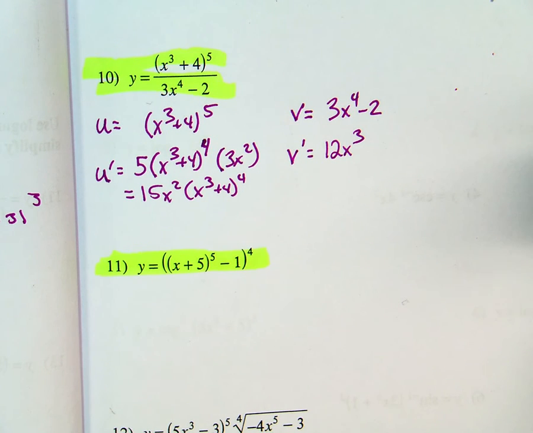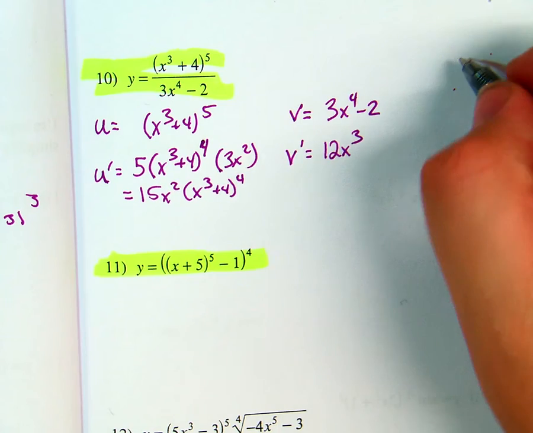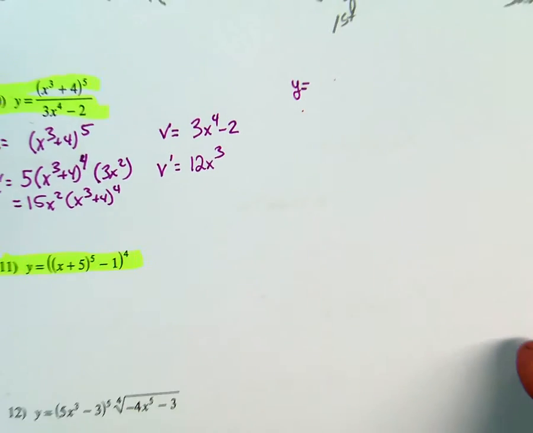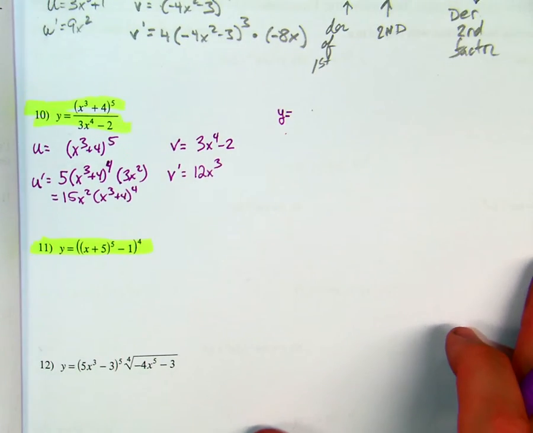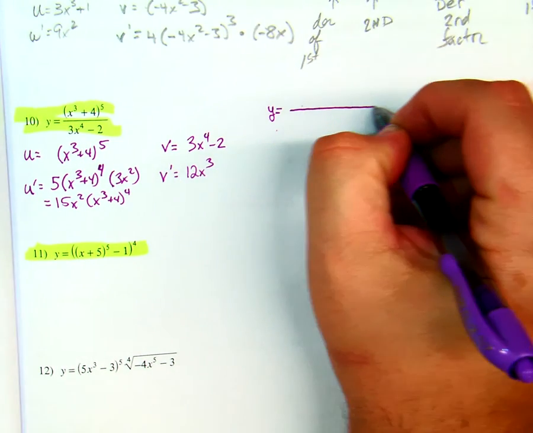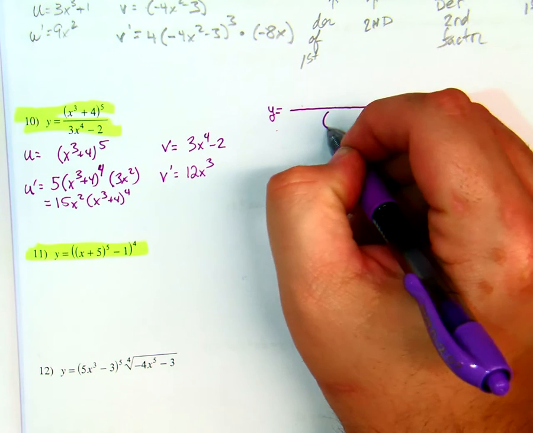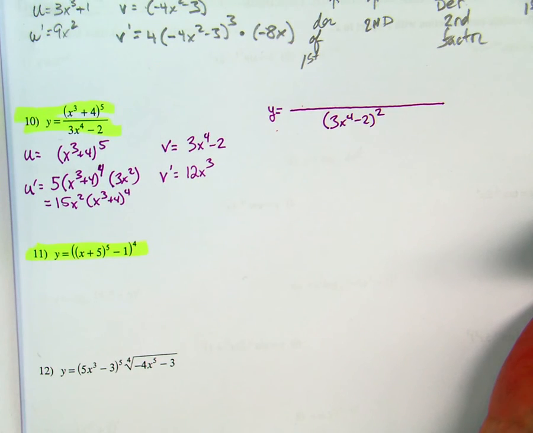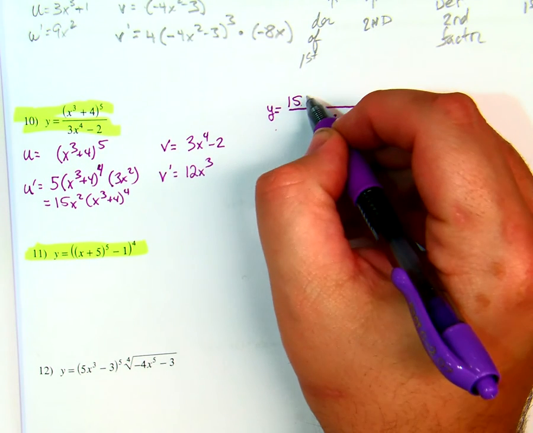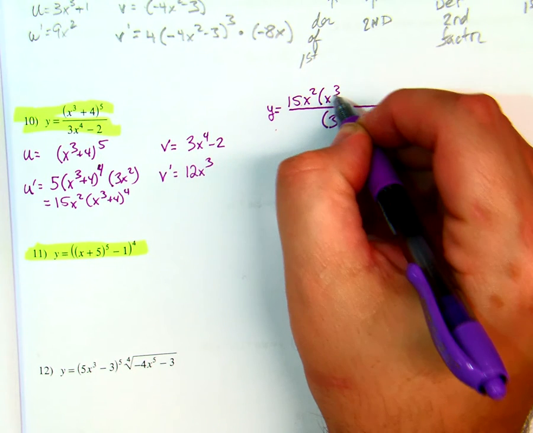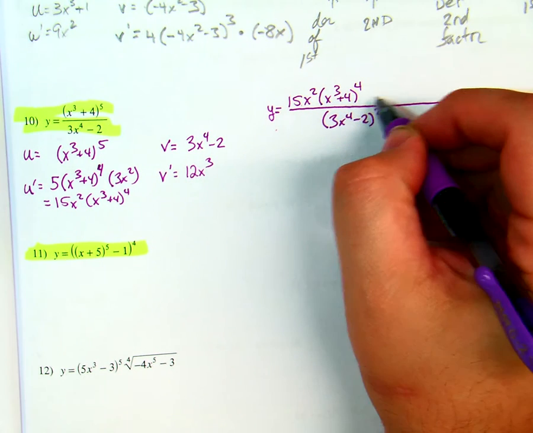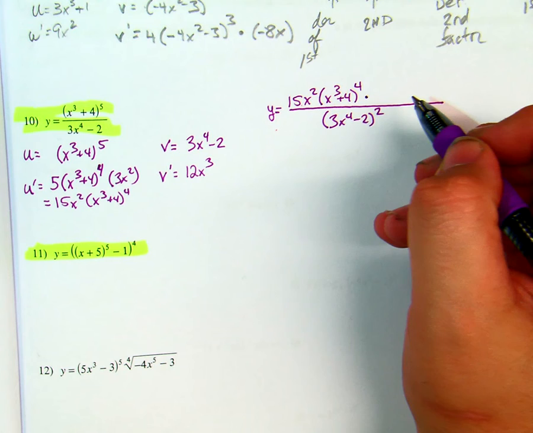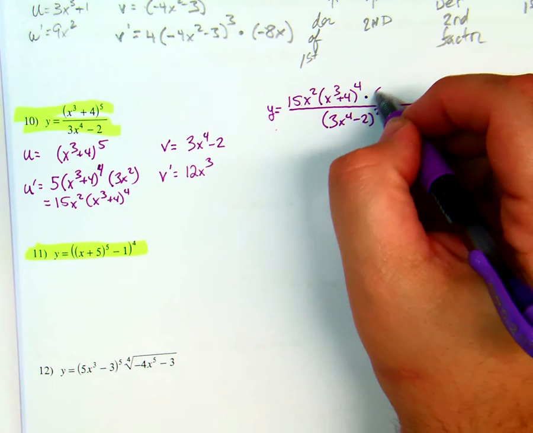All right, so now y is going to be, let's move over here, zoom it out so we can actually see everything on the video. Y is going to be a monster quotient. It's going to be that 3x to the 4th minus 2 quantity squared. I need the derivative of the top, which is 15x squared times x cubed plus 4 to the 4th, times the denominator, which is 3x to the 4th minus 2.